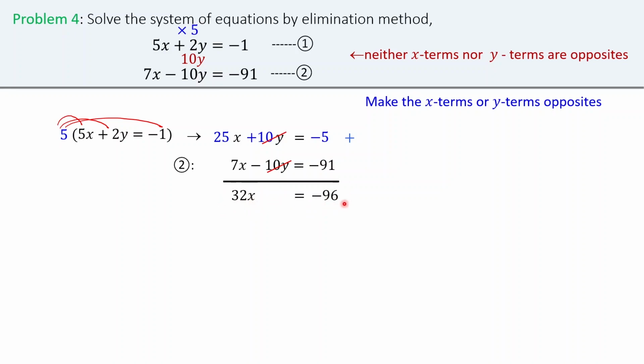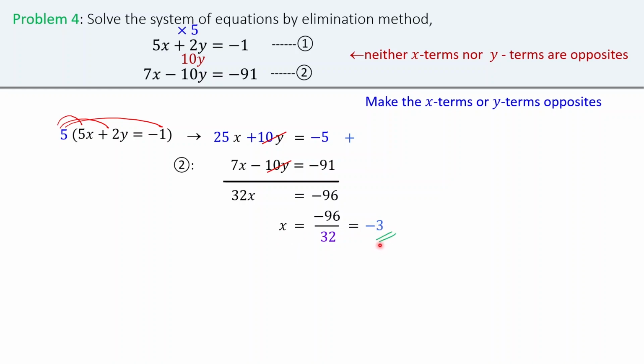Now divide both sides by 32 and isolate x. So x is equal to negative 96 divided by 32. Negative 96 divided by 32 is negative 3. This is the x value.